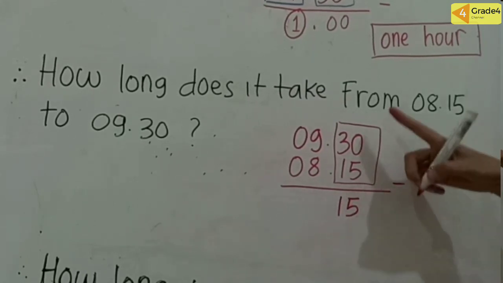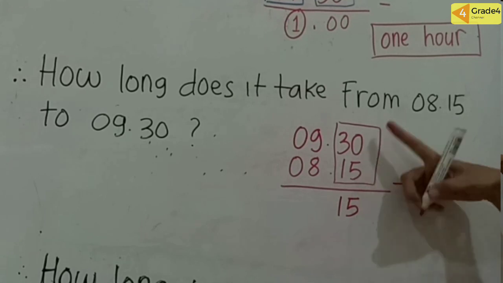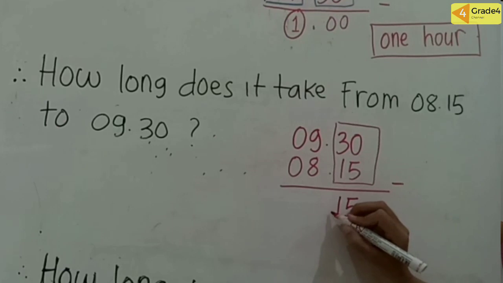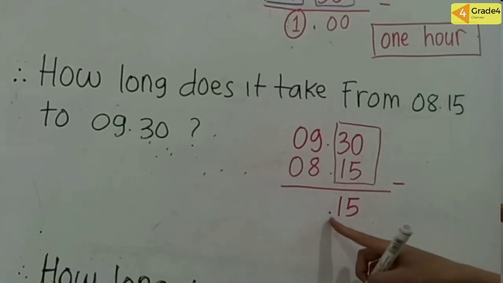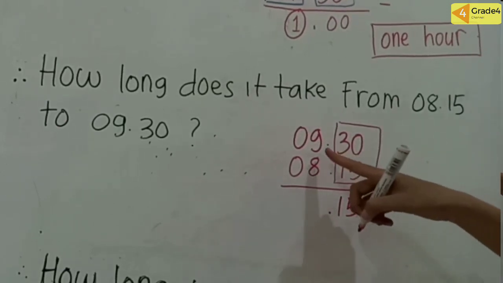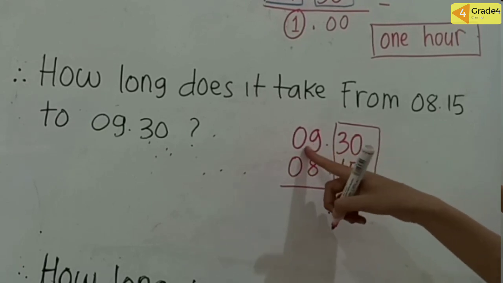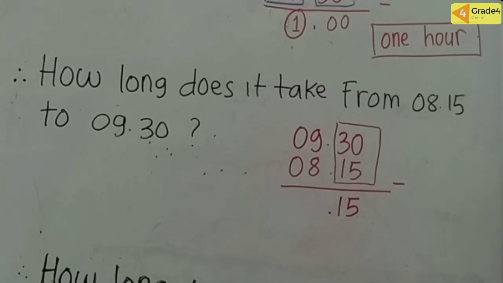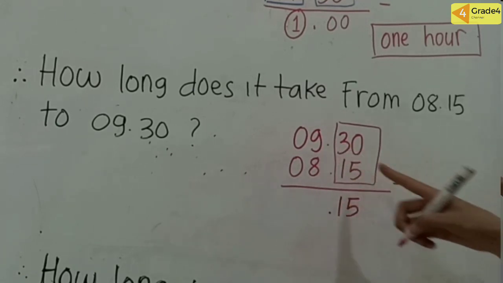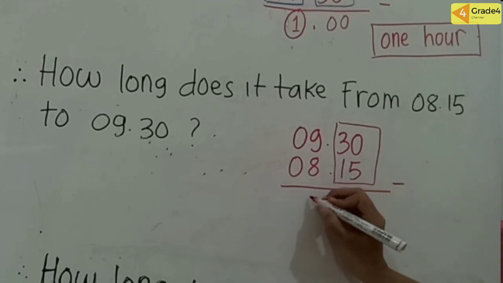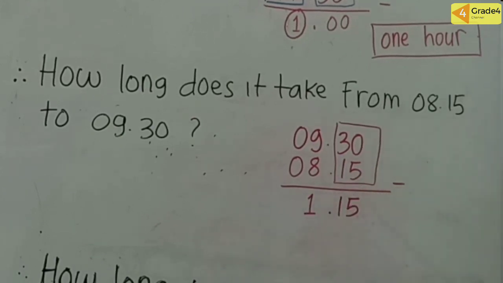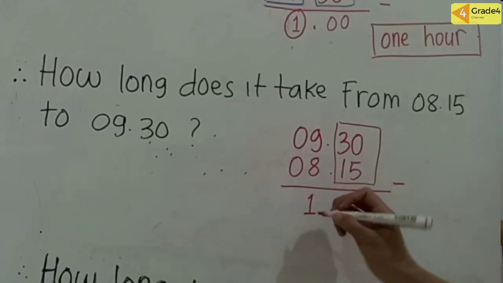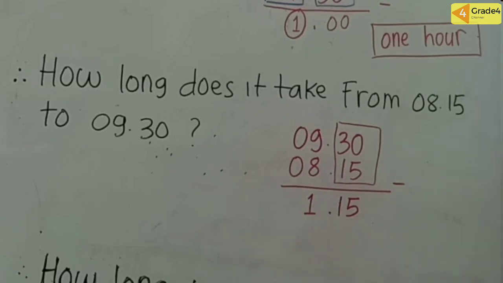Or we can subtract like 2-digit numbers. And then we get the point here. We subtract again: 9 minus 8. The answer is 1. You can write here 0 minus 0 is 0. We cannot write it like that.